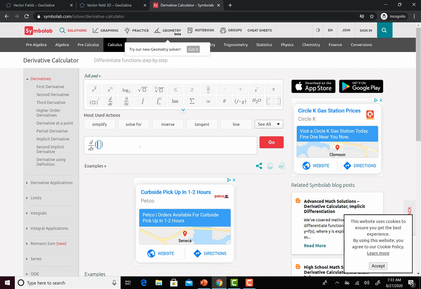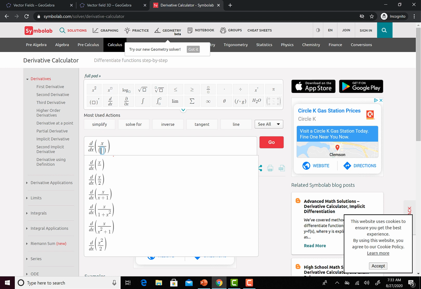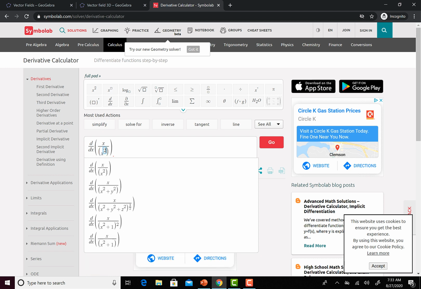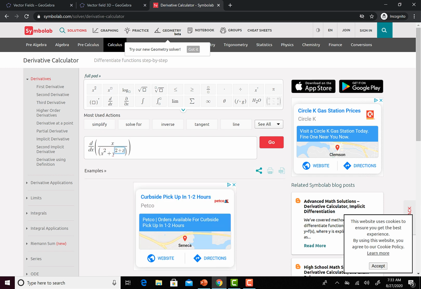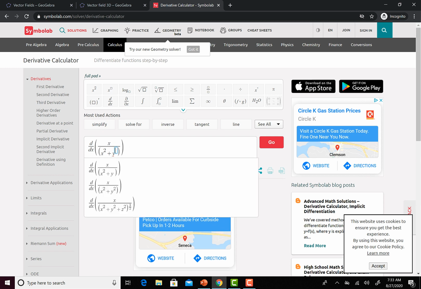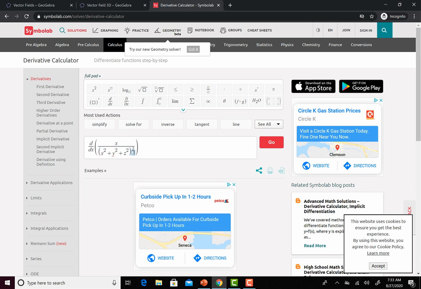So d by dx of x divided by x squared plus y squared plus z squared whole to the power 3 by 2.